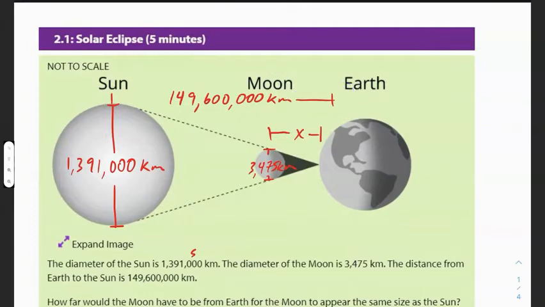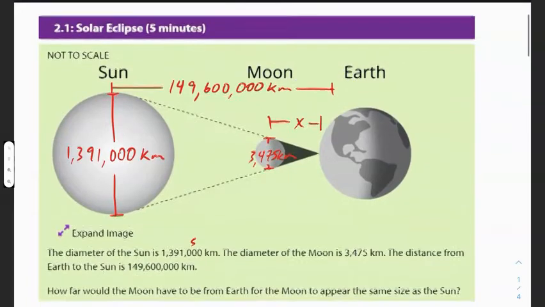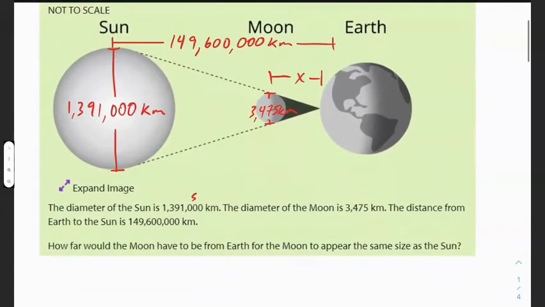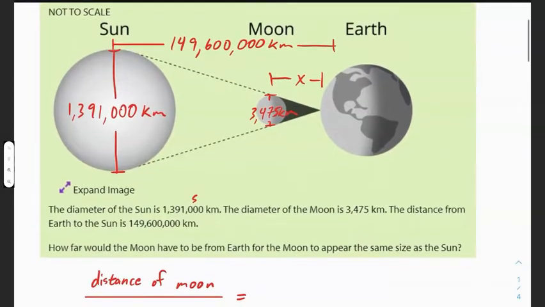Well, we have to set up a proportionality statement. Our concern, what we're trying to find, is the distance of the moon in relation to its diameter. And we're comparing that to a similar situation where you have the distance of the sun.